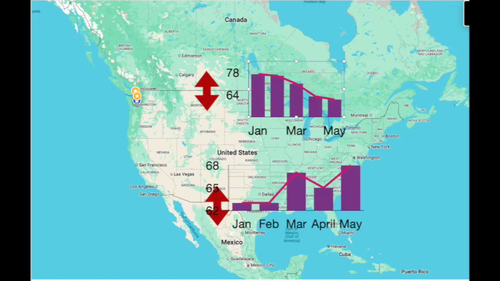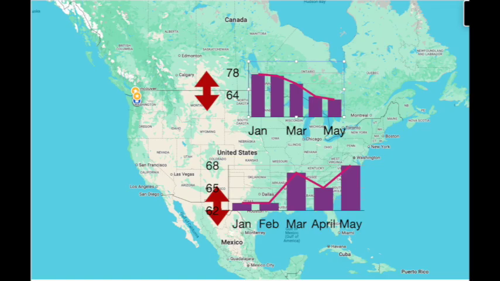So we can see from January to May this year, the volume has shrunk. It means Canada and the United States are going into decoupling. The trade between Canada and the United States is shrinking.